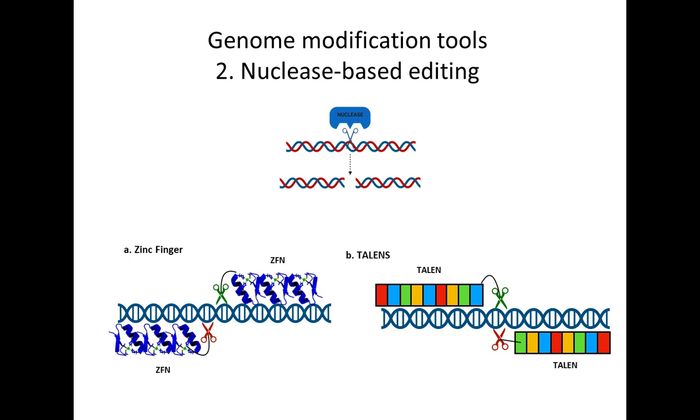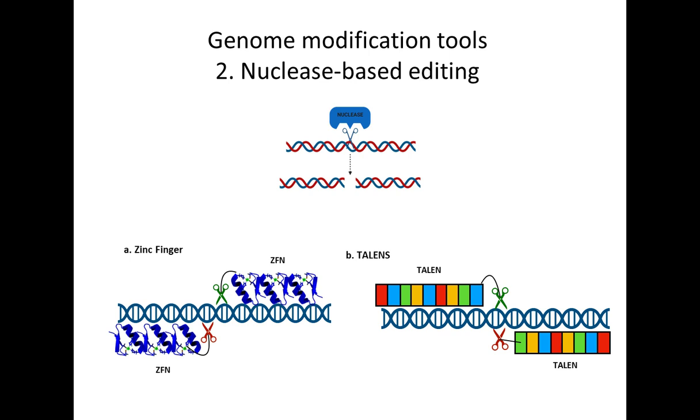So engineered nucleases like the zinc finger nucleases and TALENs are proteins that have two parts. One consists of a customizable sequence-specific DNA binding domain, and then they're bound to an endonuclease, the FokI endonuclease, shown here with this scissors.